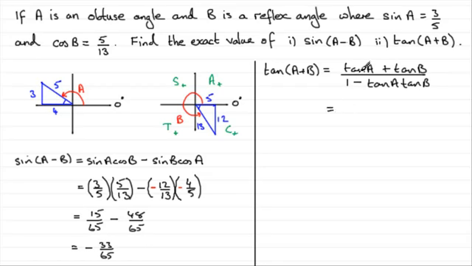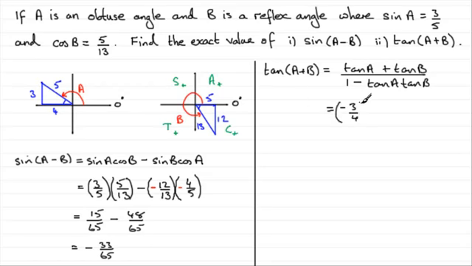So over to here. Now tan of A is going to be opposite over adjacent, so that'd be the 3 over the 4, 3/4, but again we've got to be very careful. Tangent is negative in this quadrant. Only sine is positive, so it's going to be minus 3/4. So we've got minus 3/4 there.